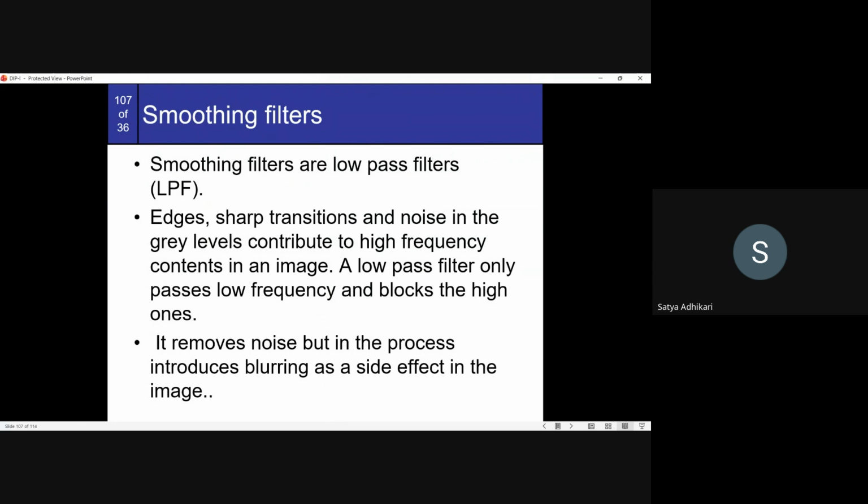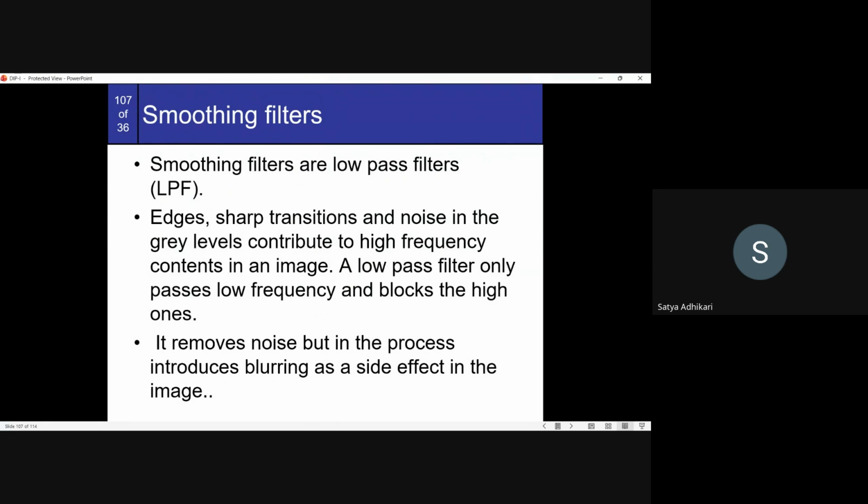Smoothing filter or low pass filter, LPF. Edges, sharp transitions and noise in the gray level contribute to high frequency content in an image. A low pass filter only passes low frequencies and blocks the high frequencies. As the name suggests, it is a low pass filter.